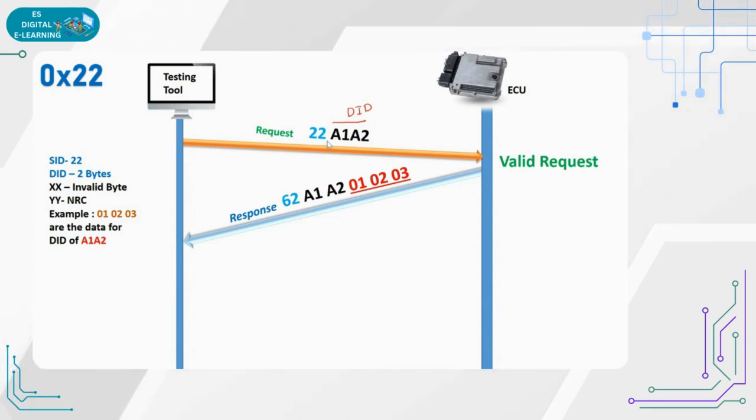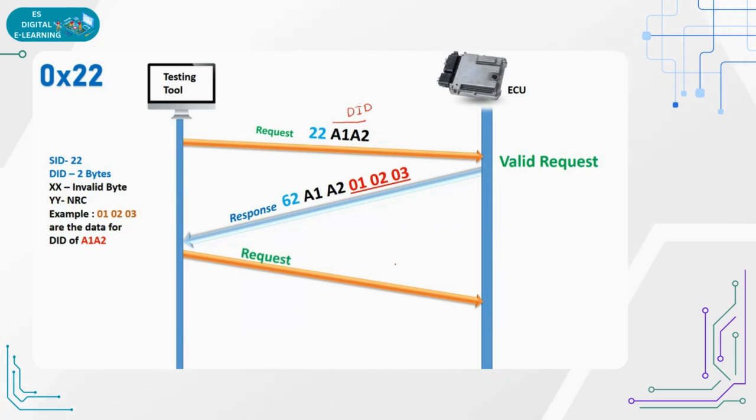Similarly, this is a positive response. In case of a negative response, the frame we send supports only the service ID and the DID. If you try to add additional data, it won't support that.